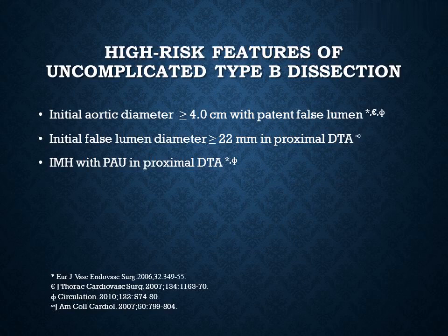High-risk features of uncomplicated type B dissection: initial aortic diameter greater than or equal to 4.0 cm with patent false lumen; initial false lumen diameter greater than or equal to 22 mm in proximal DTA; IMH with ulcer-like projection in proximal DTA.